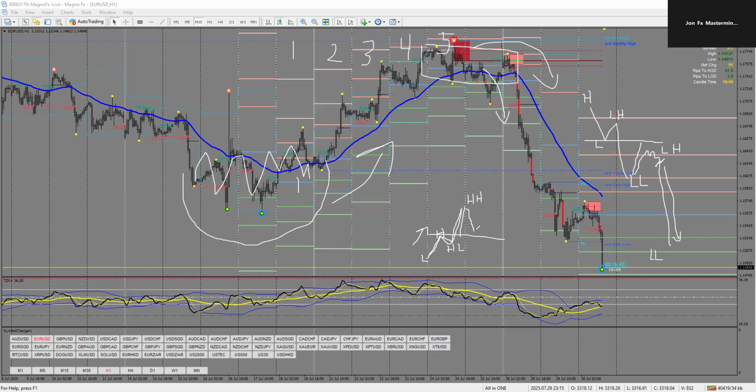You're looking for price to pull back towards this particular high right here, but not break it, and for this point to become a higher low. Then you have to get in and buy before it goes and creates a higher high.